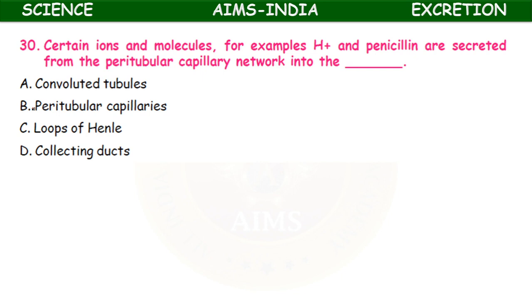Okay, so limbs will swell. Certain ions and molecules, for example H plus and penicillin, are secreted from the peritubular capillary network into the dash: A. convoluted tubules, B. peritubular capillaries, C. loops of Henle, D. collecting ducts.